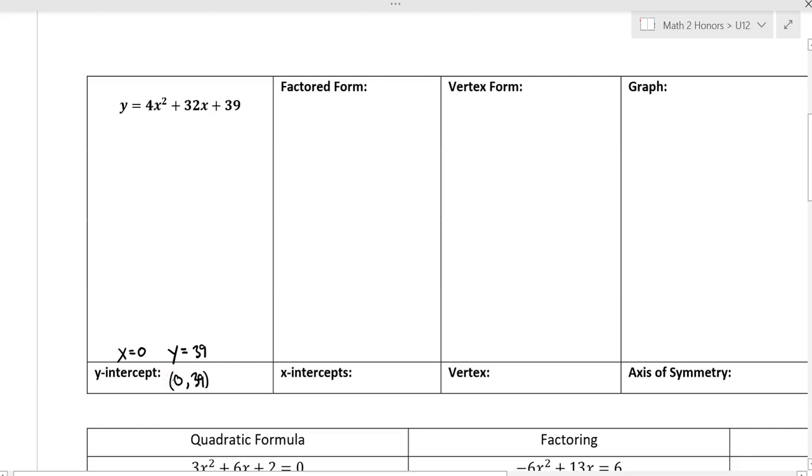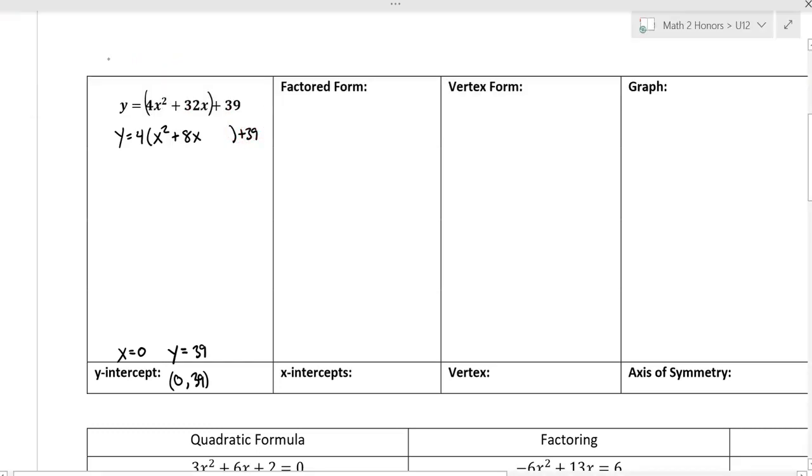And we could try to factor this, but these are some big numbers, so I'm actually going to go for vertex form. And to do that, I'm going to factor 4 out of the quadratic and the linear terms here. Leave a little space.